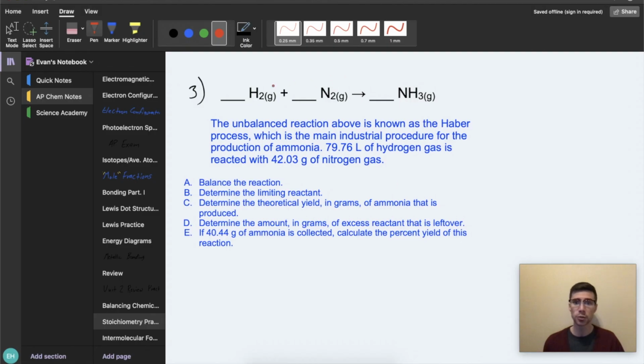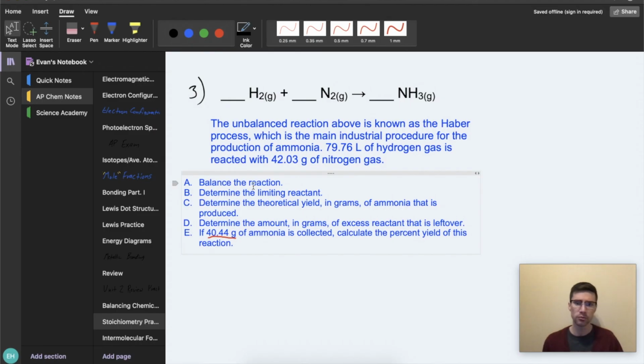Depending on which one of these reactants is in excess, we need to calculate how much of it is left, because excess means that we didn't use all of it. So we're going to calculate how much we didn't use. And then we're going to calculate percent yield if we were actually able to collect 40.44 grams of ammonia. Now, we can't do that until we determine the theoretical yield, and we can't do that until we balance the reaction. So let's go ahead and do that.